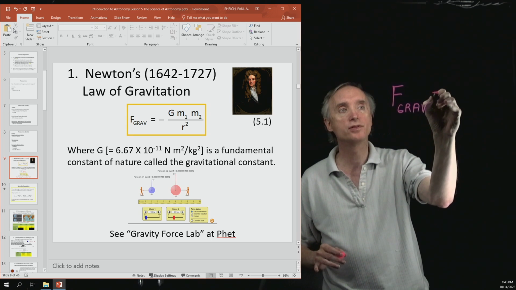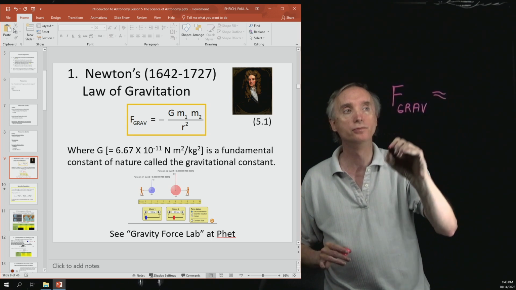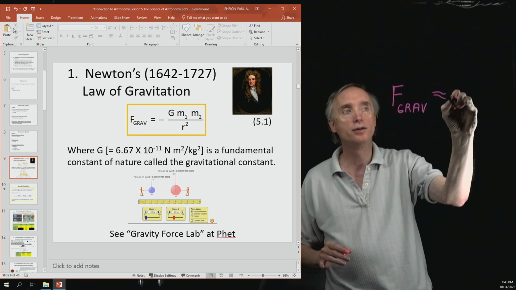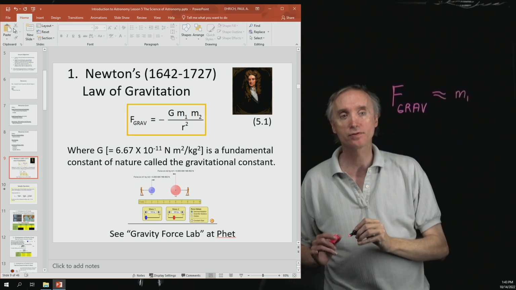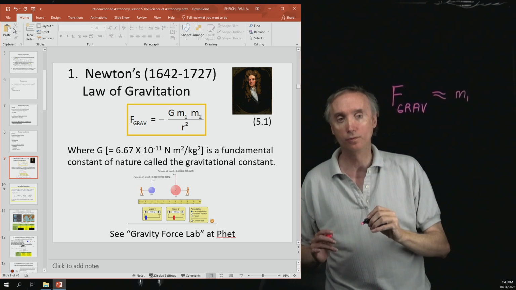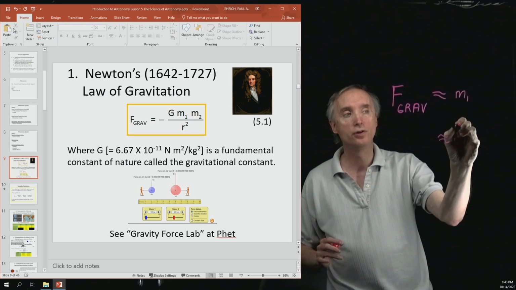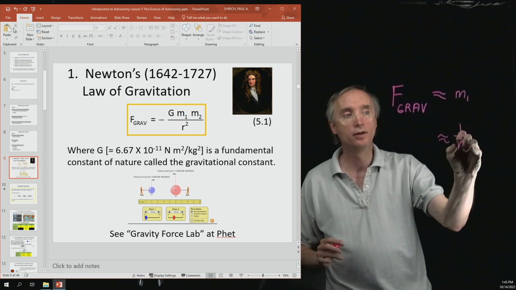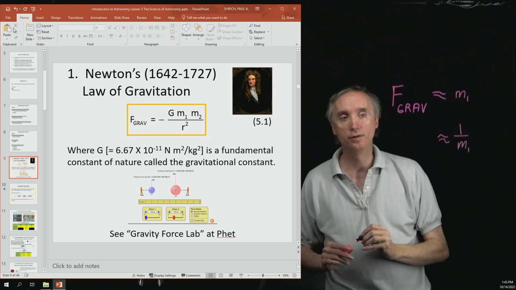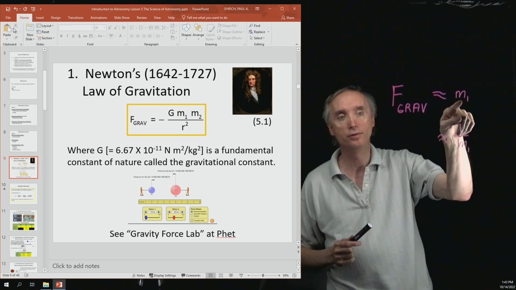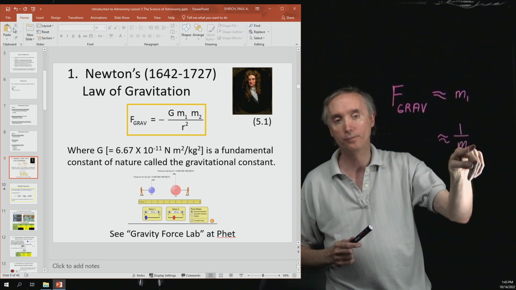Okay, so we could say that it's proportional to M1, the mass of ball number 1, or the other possibility is it's proportional to 1 over M1.